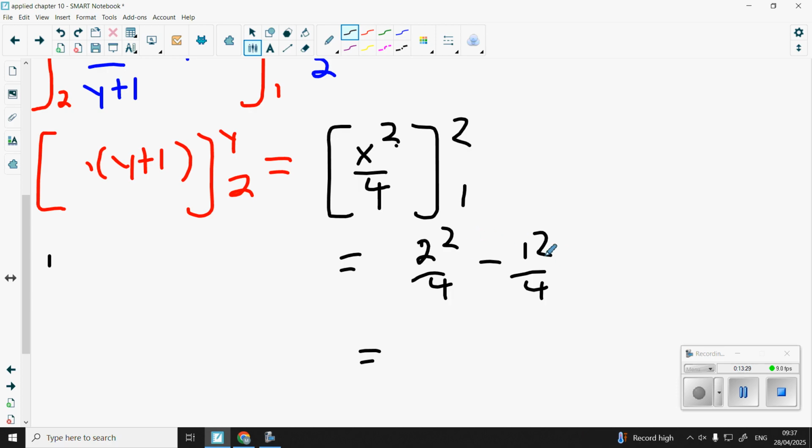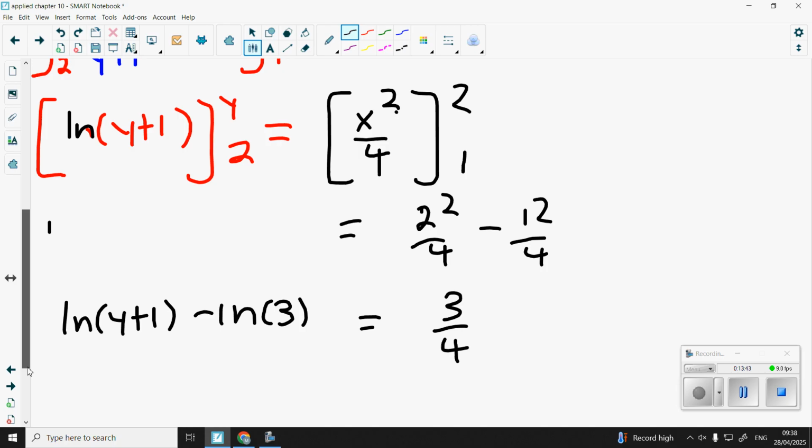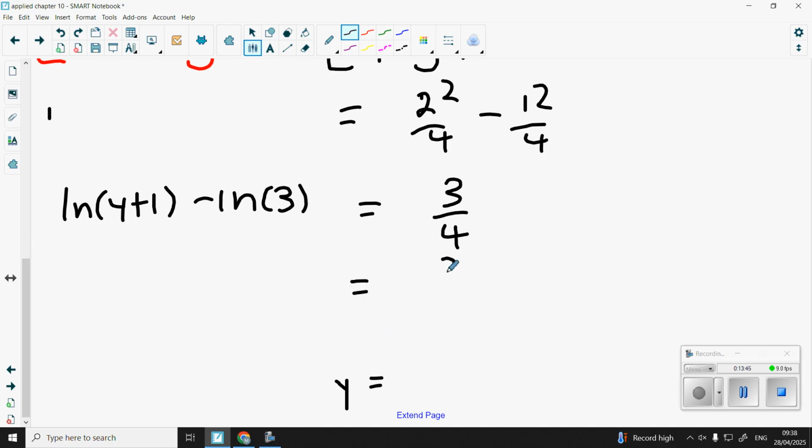So 1 take away a quarter, which is 3/4. It's my bad. And then we're still doing the ln y plus 1 minus ln 2 plus 1, which is ln 3. And then what we're saying here is 3/4 plus ln 3 is ln y plus 1.